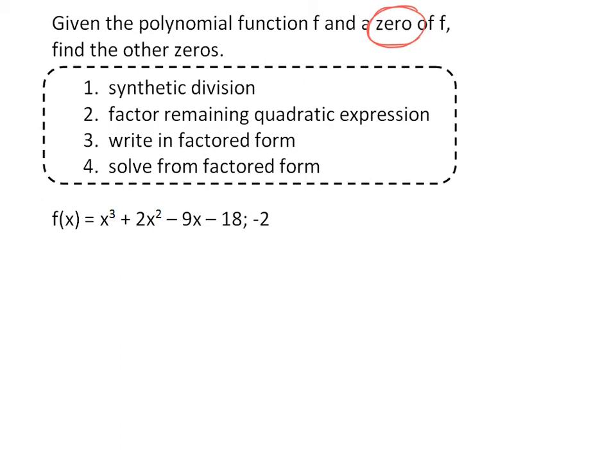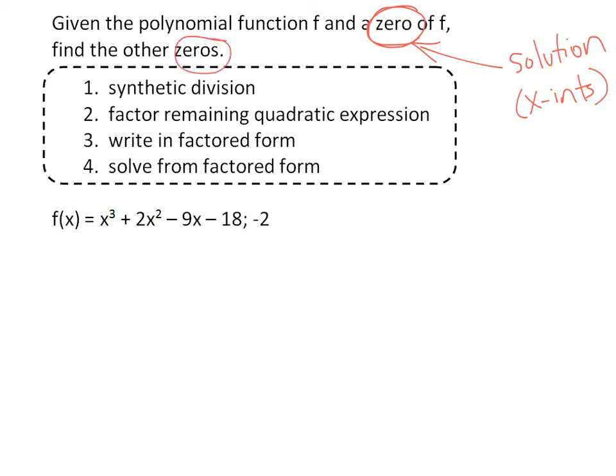A 0 of a function is another way to say a solution to the function, which will also be your x-intercepts. And we'll talk more about all of that in later lessons and in class. So if we're told that we're given a polynomial function f and a 0, which is a solution of the function, find the other zeros, find the other solutions.